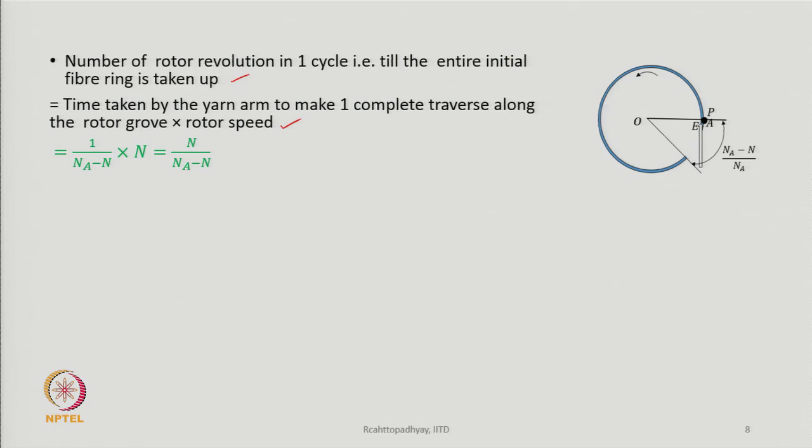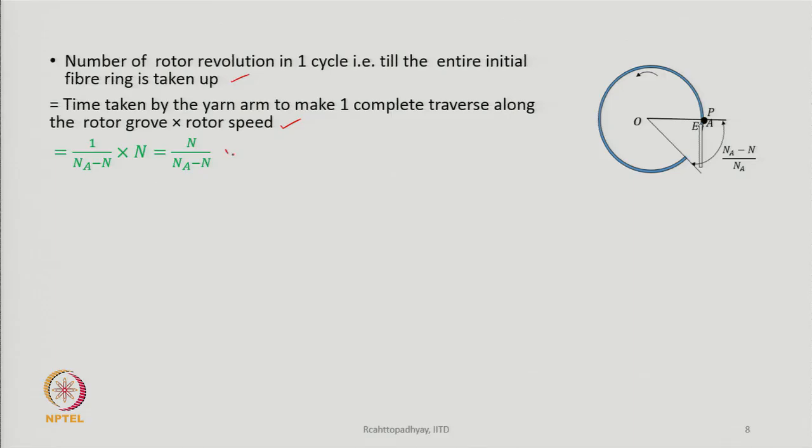and therefore, a bit of fiber layer is transformed into a yarn, and then that is removed. And therefore, it goes on for several cycles, several rotations of the rotor, till the entire fiber ring which was deposited right at the beginning, that is, before the seed yarn was introduced, is completely removed after this many revolutions of the rotor.